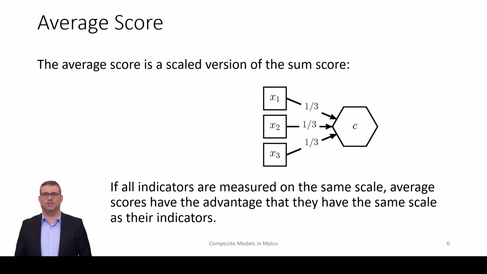And the nice advantage of this approach is that then the variance of the composite becomes very similar to the variance of the indicators. In particular, if you always use the same scale for every indicator, then the composite will have the same scale as the observed variables.